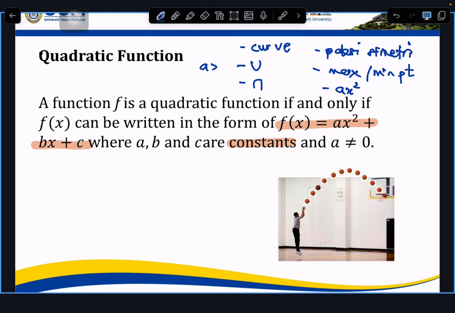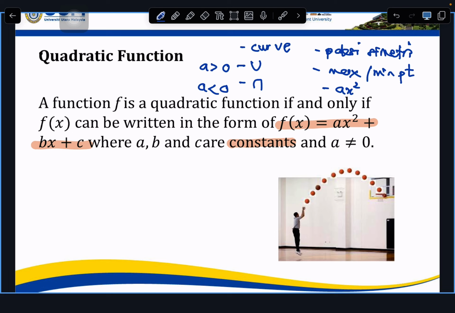If a is greater than 0, then we have the senyum one. Obviously, because if we have positive news, we smile. And for the other one, what happened to our a? Negative. So basically the shape of our quadratic function, our parabola, depends on the value of a. Just by looking at a, you can decide this is the shape.